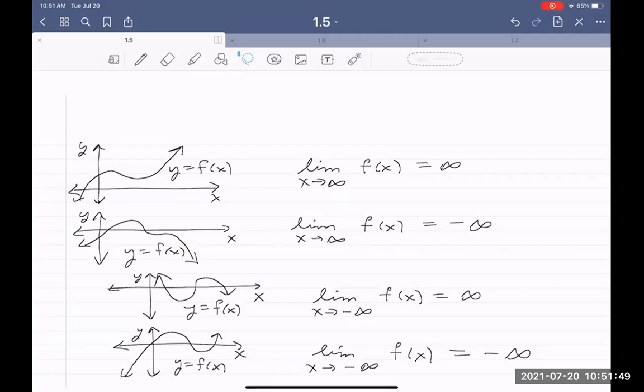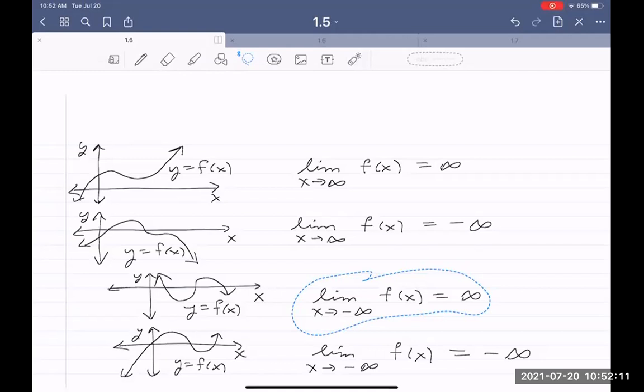And so suppose that as x keeps getting smaller and smaller, your y values keep getting bigger and bigger. Then we'll denote this situation by the following notation. The limit as x approaches negative infinity of f of x is plus infinity.